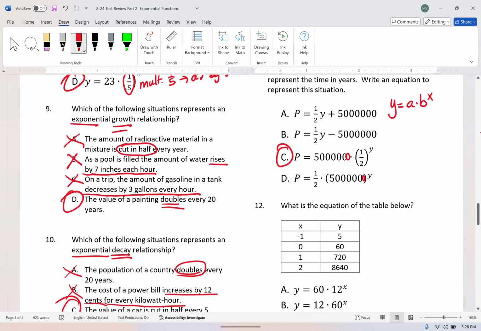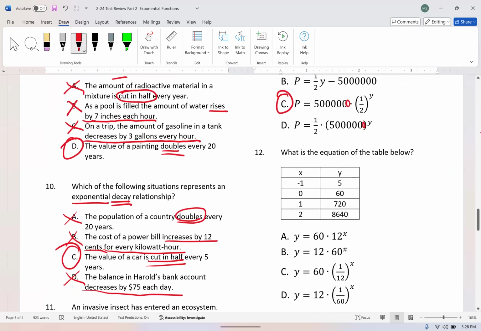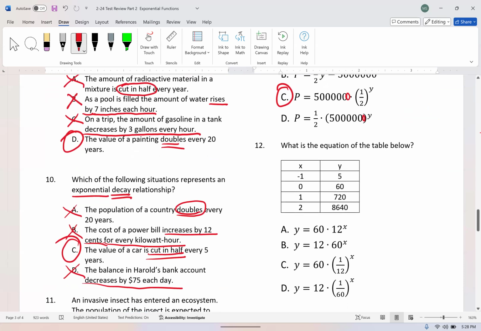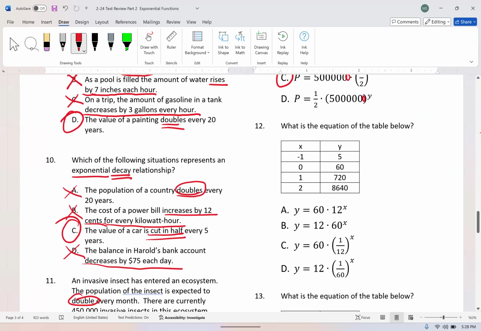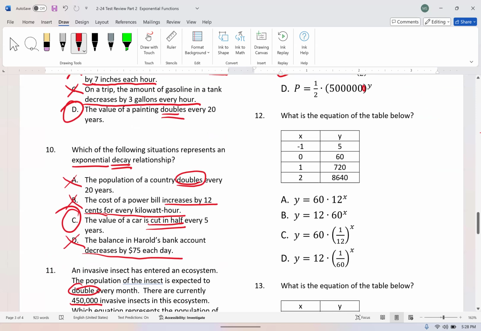All right, let's look at number 12. What is the equation of the table below? All right, so first thing we should recognize is what is happening here.